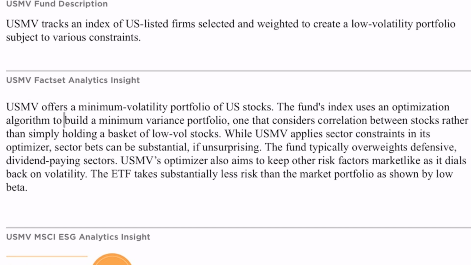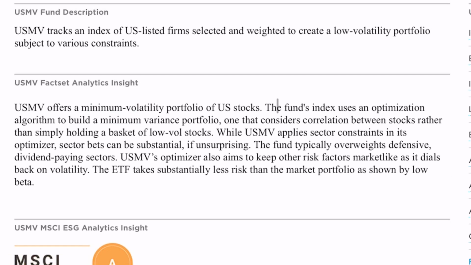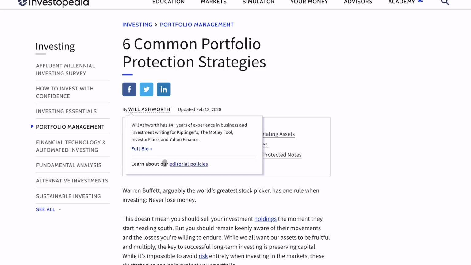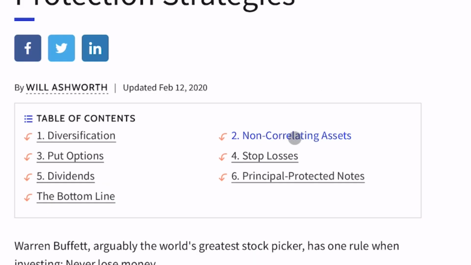So USMV offers a minimum volatility portfolio of US stocks. The fund's index uses an optimization algorithm to build a minimum variance portfolio, one that considers the correlation between stocks rather than simply holding a basket of low volatility stocks. If we come back to this article, that is one of the methods here, not having correlated stocks, as well as diversification.